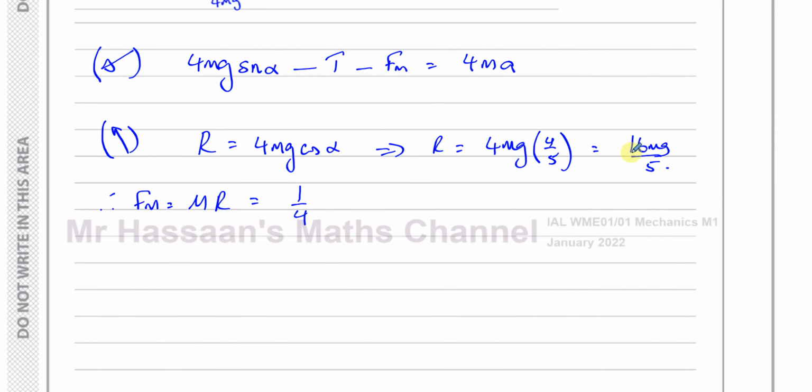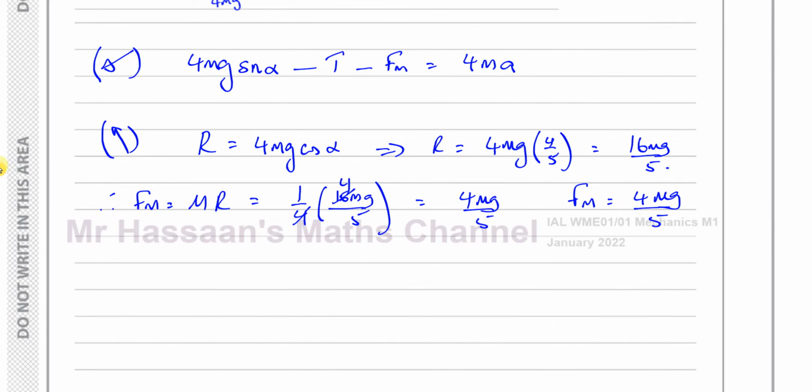So a quarter times 16mg over 5 gives you 4mg over 5. That's F max.